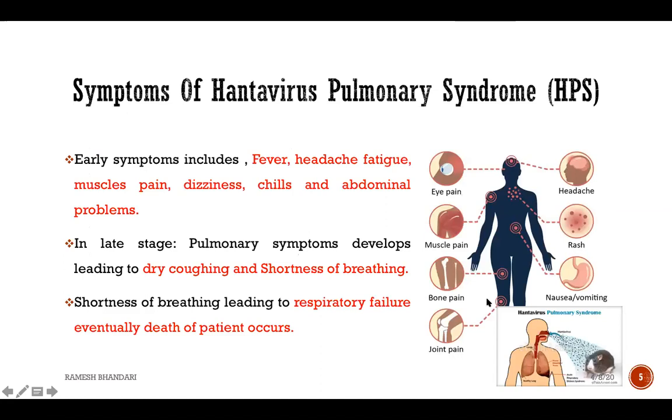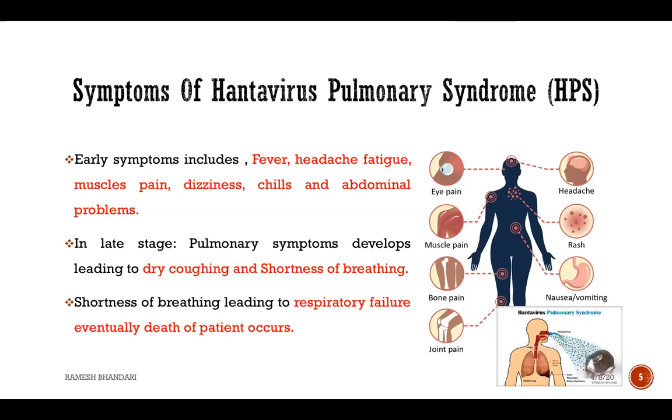Hantavirus causes two types of infections. The first is hantavirus pulmonary syndrome. Persons start to develop clinical symptoms around 1 to 2 weeks after exposure to the virus, and sometimes it may take up to 8 weeks.